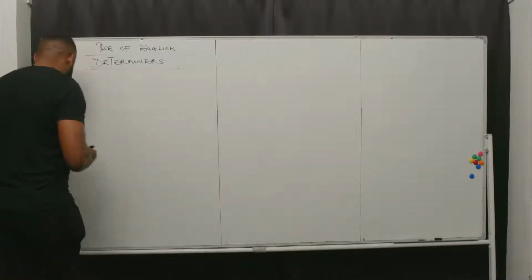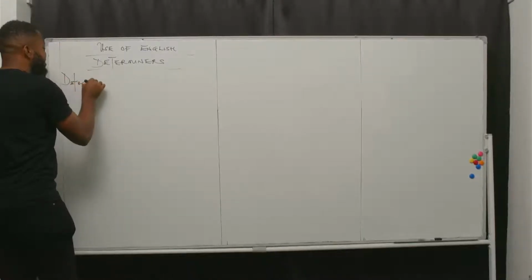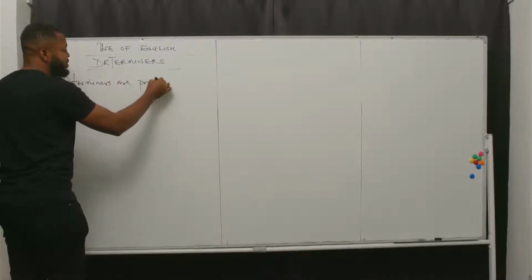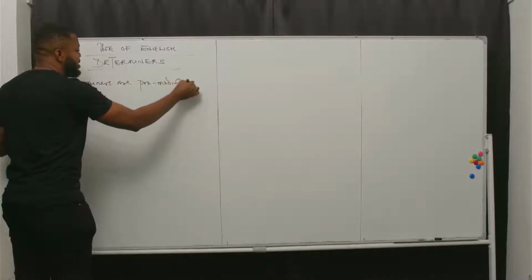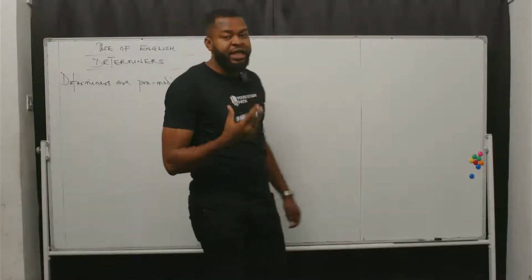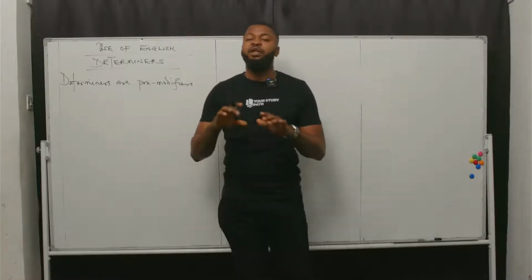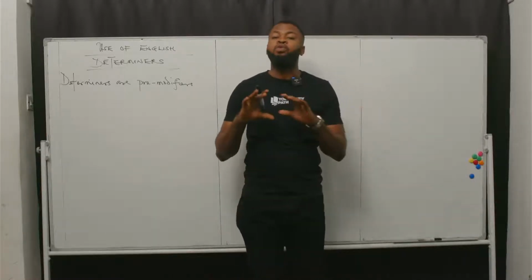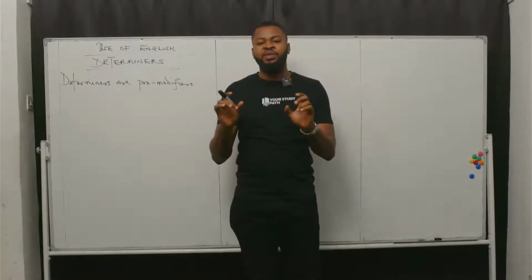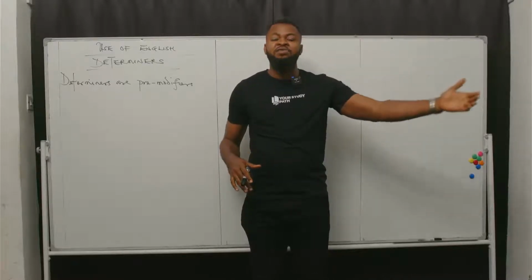So generally, determiners are premodifiers. Now, in English, what do we refer to as premodifiers? Premodifiers are basically words, in some cases a group of words, that precede. The it here means it comes before nouns or noun phrases.